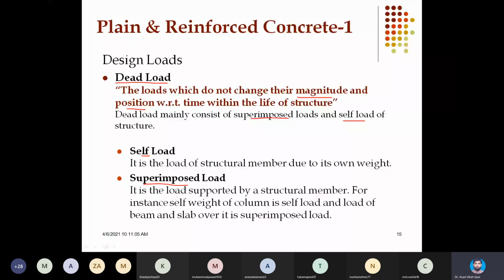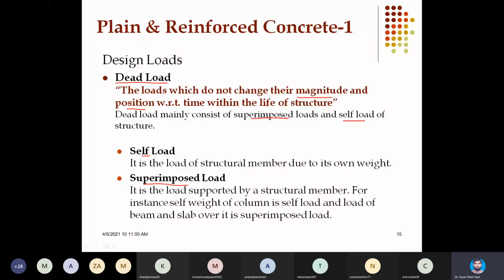So if slab load will be transferred to the beam, it means slab self weight, floor finish which is superimposed on the slab, its weight, and floor finish thickness, type, density will be known to us, and based on that density and thickness, we can convert that superimposed load into pressure if I multiply the density with the thickness.